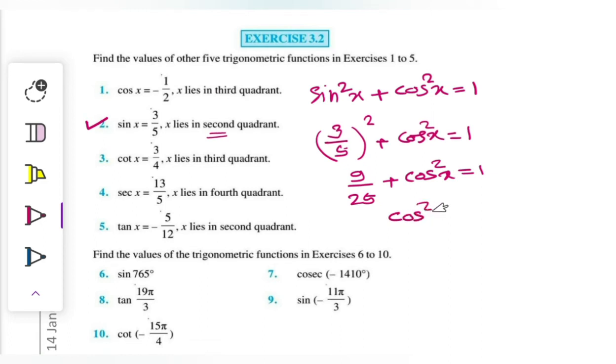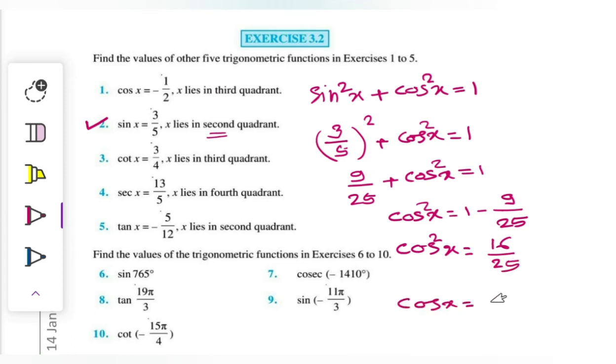Cos square x equals 1 minus 9 by 25. So cos square x equals 25 minus 9, that is 16 by 25, and cos x equals plus or minus root of 16 by 25, that is 4 by 5.